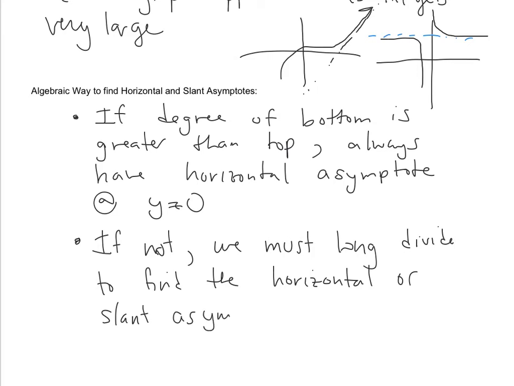So we'll have to review how to do that. The good news is we don't have to do the full long division. We just have to long divide until we find our asymptote. So we don't have to find remainders or anything like that. We just have to find what the asymptote is.